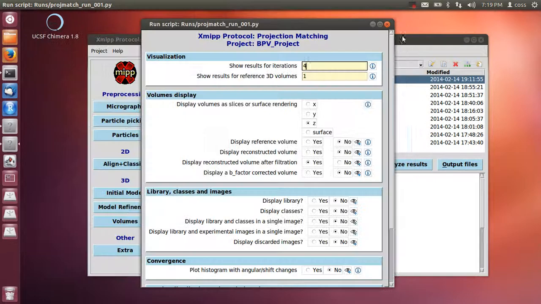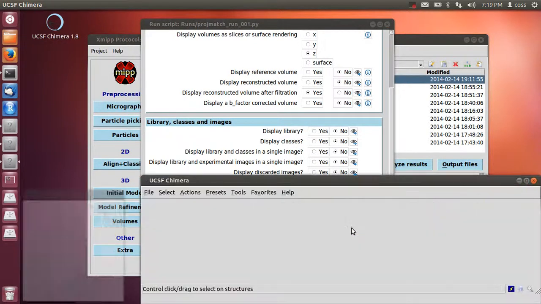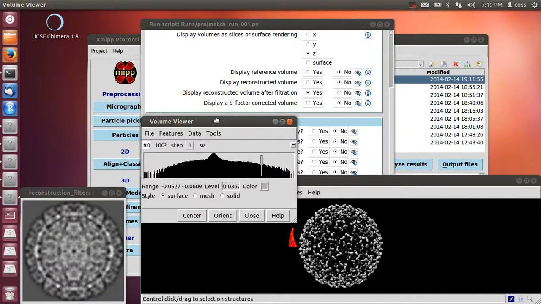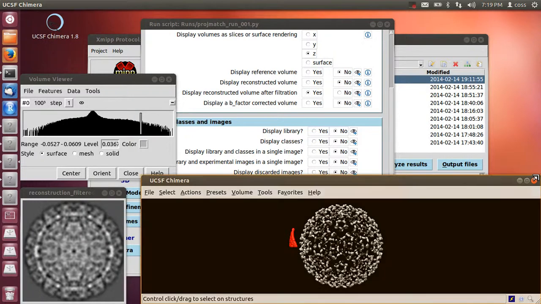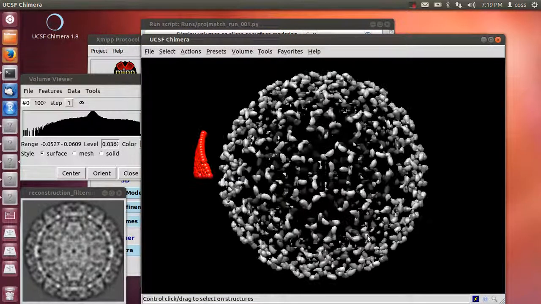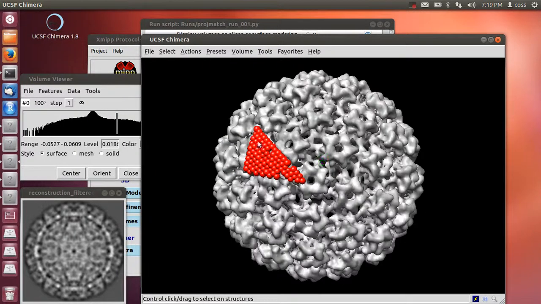We may also explore other things, for instance the 3D angular distribution of the coverage of projection directions. Here it is the same structure, but now we have added these red points.